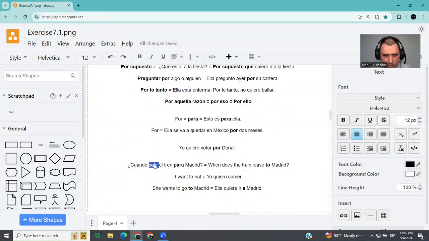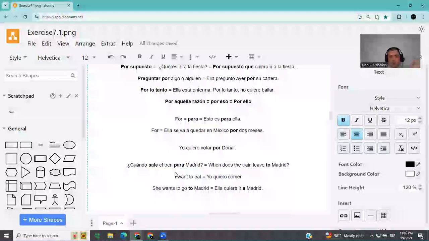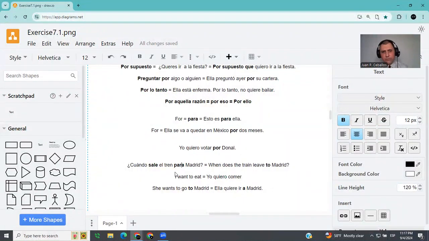Okay, salir para. Salir para. These two are combined. And in some cases, to will not have a logical translation because in Spanish we have expressions that sometimes use the preposition para or the preposition por. Salir para means to leave from one place to another place. If that's the case, you use the preposition para.